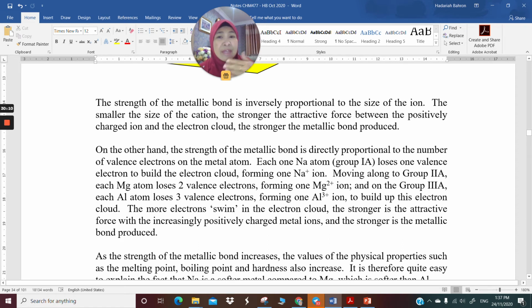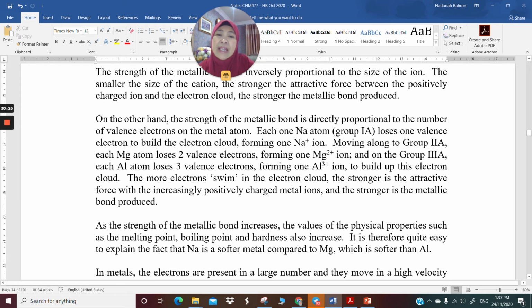And when we move again to group 3A, each aluminium loses 3 valence electrons, forming one Al3+ ion to build up this electron cloud. The more electrons swim in the electron cloud, the stronger is the attractive force with the increasingly positively charged metal ions, and that means it will make a stronger metallic bond.